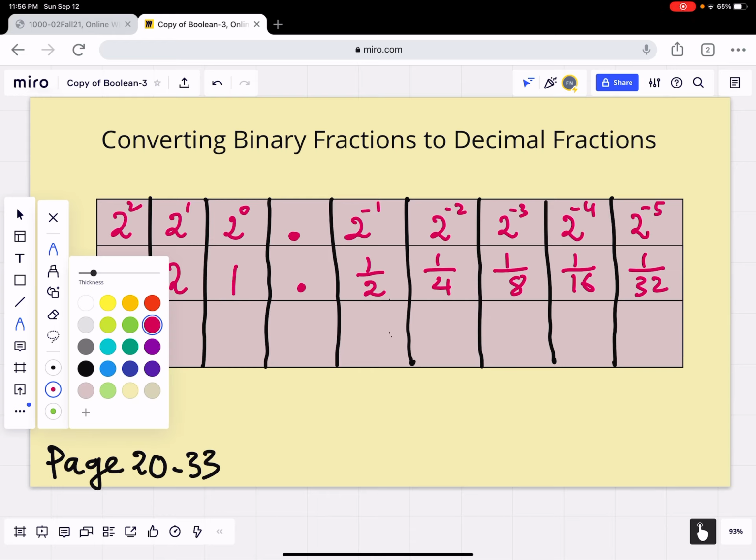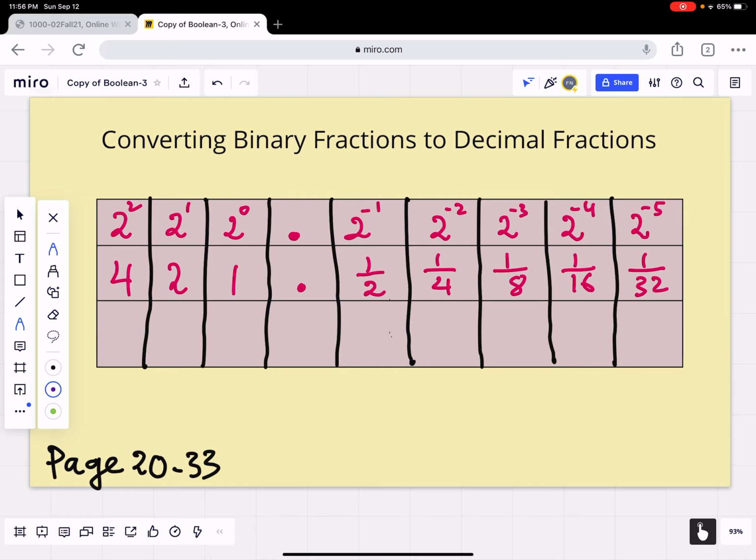All right, so if you want to convert to the decimal number, I'm going to write in a different color here, let's say the purple color. 1 over 2 equals 0.5. 1 over 4 equals 0.25, a quarter.